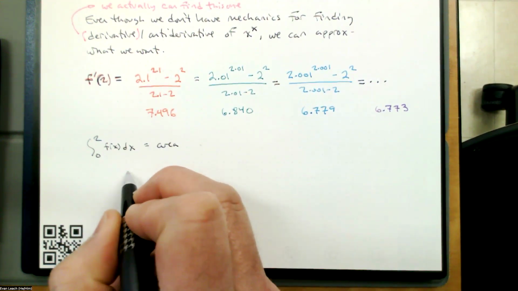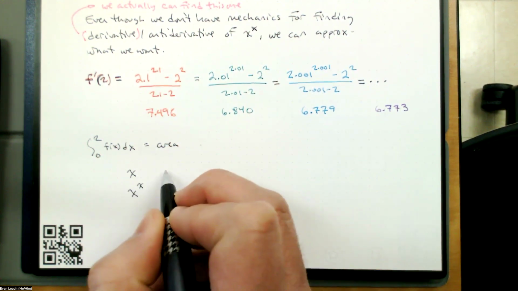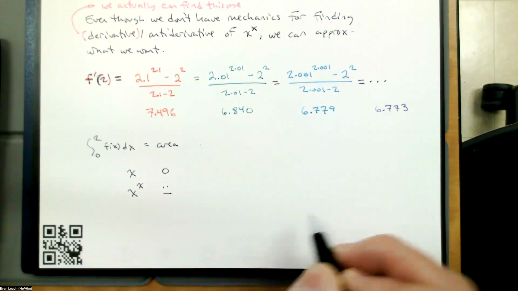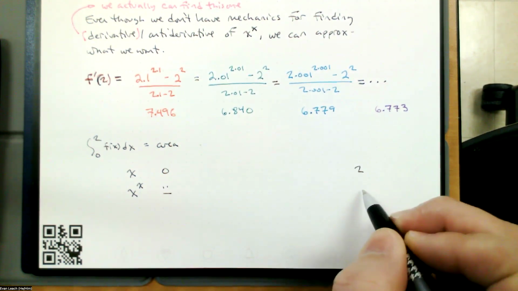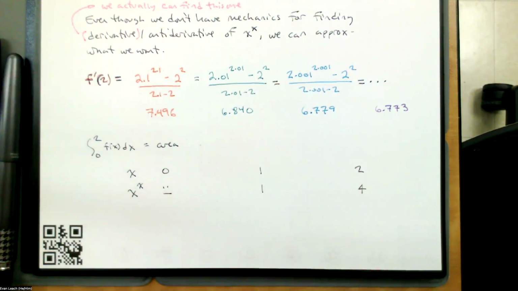So we can start building a table of values of x and x to the x. Well, this one is problematic. In the middle, we got 1, 1. But if we start just putting in more values, then we get a better approximation.